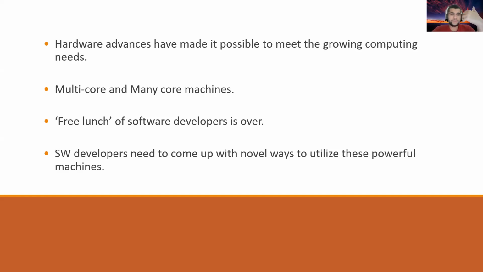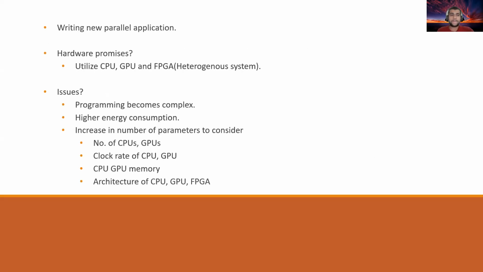Now, software developers have had to adapt and change their entire programming paradigm and structure to come up with novel ways to utilize these powerful machines, which offer a lot of speed with multi-core and many-core architecture.